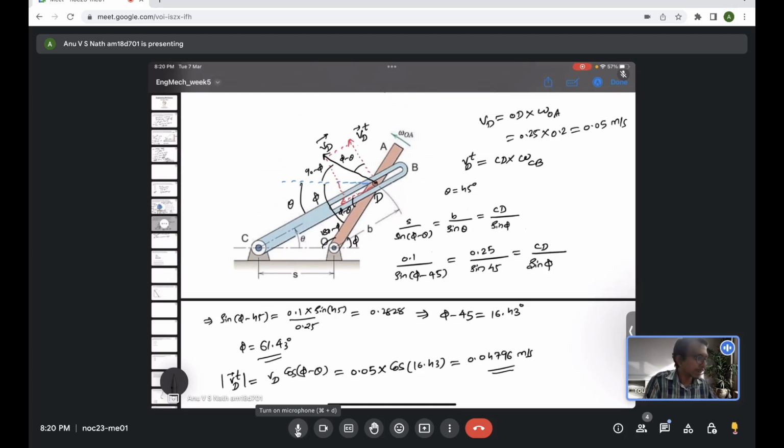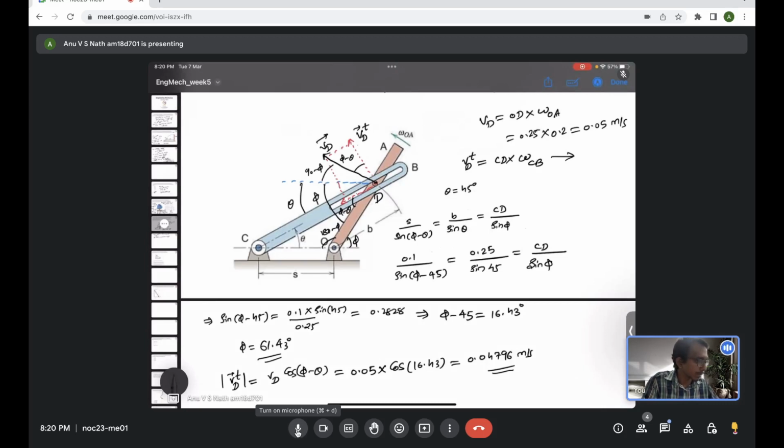Now, as I mentioned earlier, we will use this formula. The tangential component of velocity at D with respect to the length CD is just the length CD times omega CB. So we need to know CD also, because both CD and omega CB are unknown.